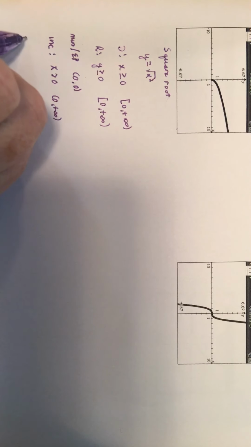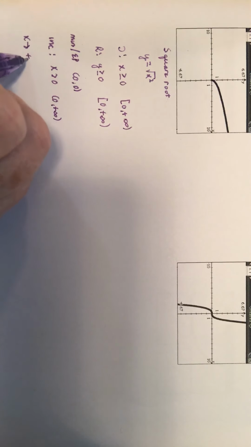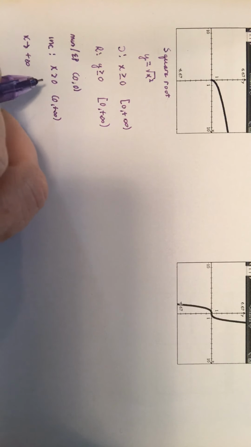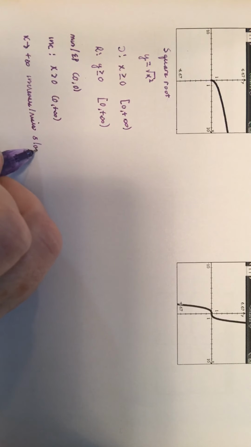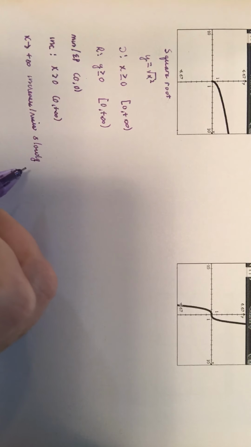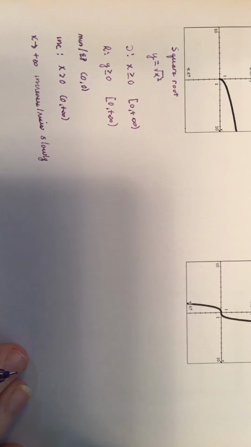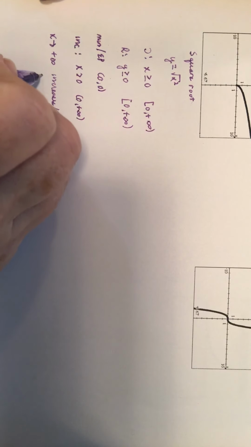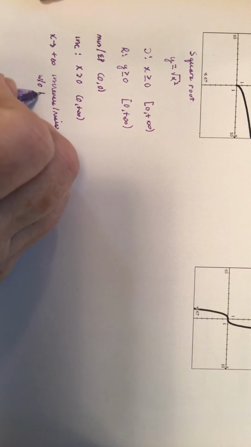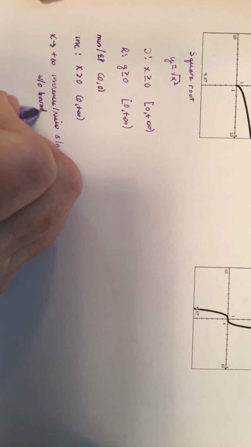Now, as x heads to positive infinity, what did we learn about this one is that it increases, that is rises, and we put in the word slowly, because that's what it does. It's very slow, and we say without bound.